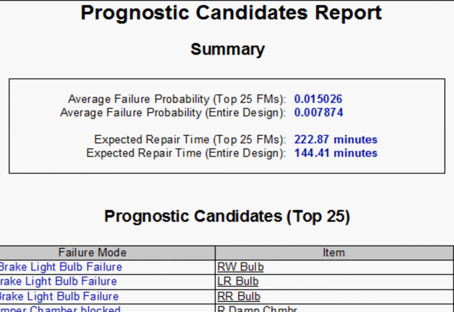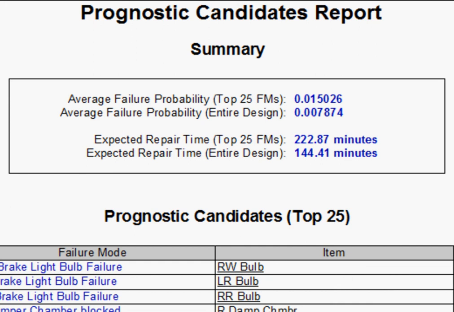If prognostics have not been defined within the Express model, then the analyst should expect that the average values for prognostic candidates will tend to exceed those for all failures in the model, since the failure modes were ranked based on these criteria. When prognostic definitions have already been created in Express, however, then it's certainly possible for the averages calculated across the entire design to exceed those calculated across the prognostic candidates list, since the list by default excludes failure modes that are already prognosed, presumably those that best meet some of the ranking criteria.